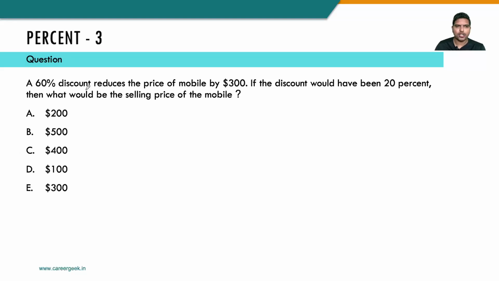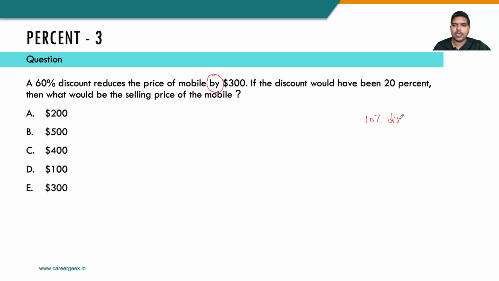One last question. A 60% discount reduces the price of a mobile by $300. So this is important. Now, what does this mean? You'll have to think a bit. Let's say you go to a store to buy a laptop, and the seller says there's a 10% discount.